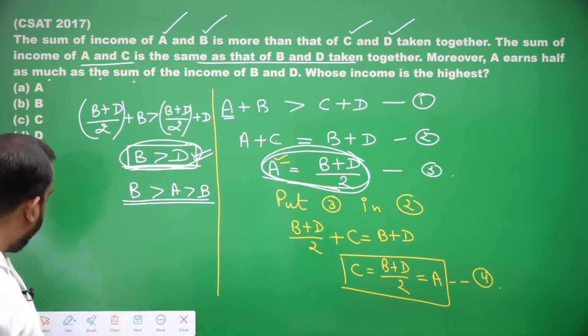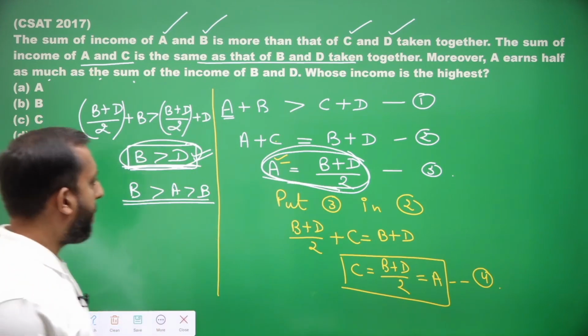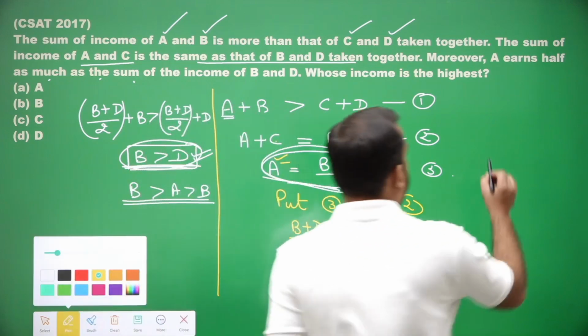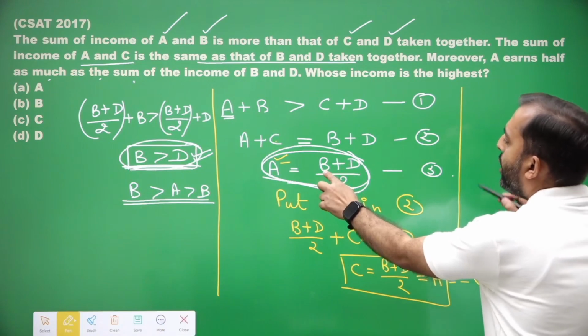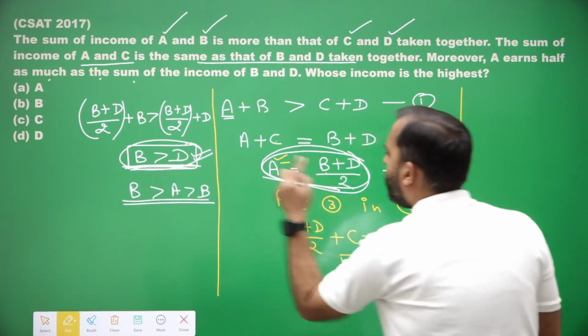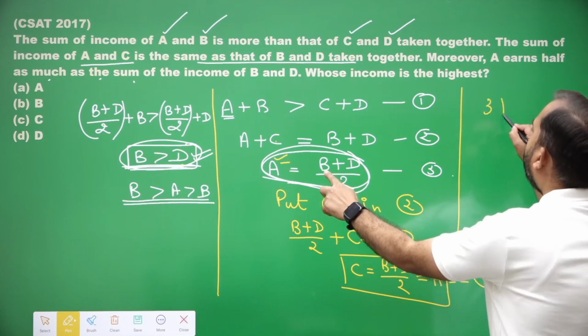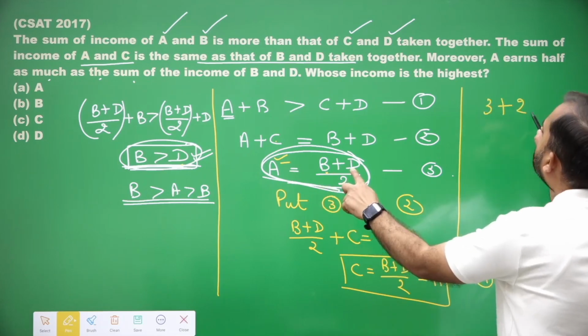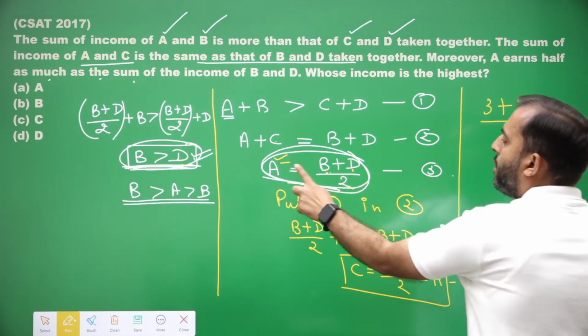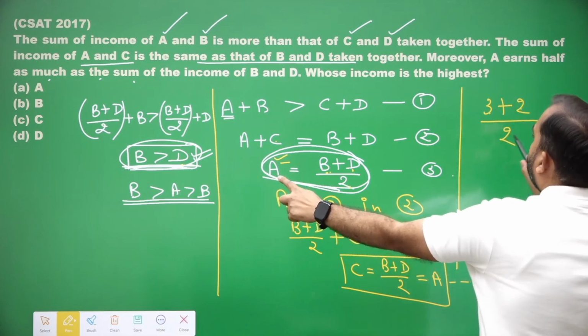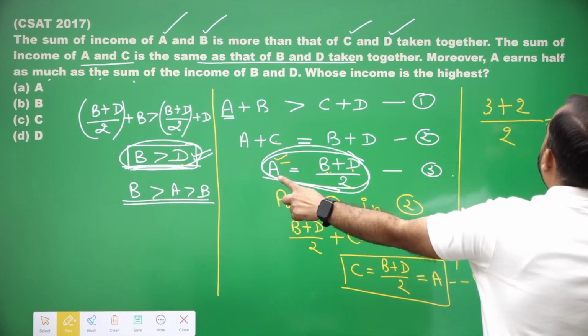How come? See, let me give you an example. Suppose I know B is greater than D. So let's say B is 3 and D is 2. So B plus D upon 2 is going to give me the value of A. So 3 plus 2 upon 2 is what? 2.5.